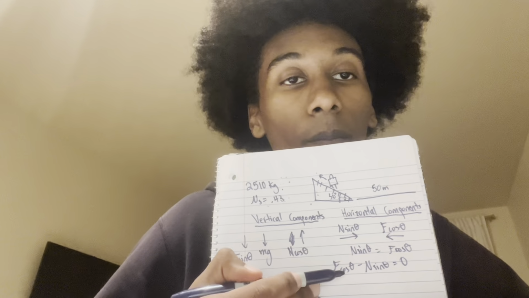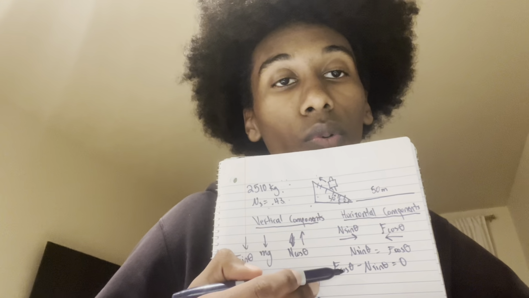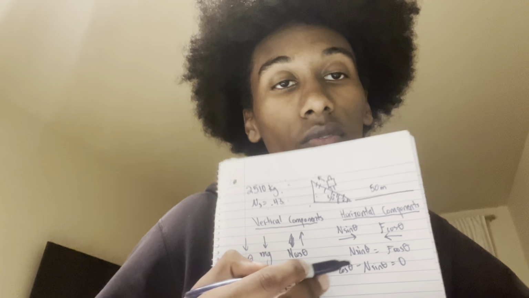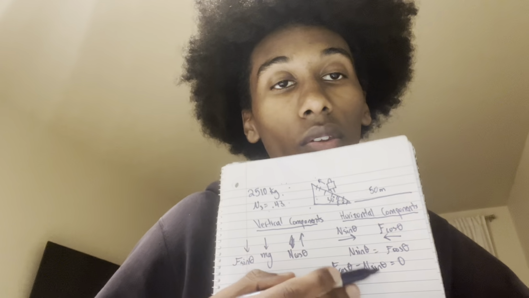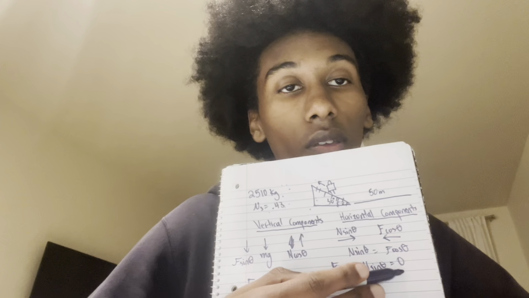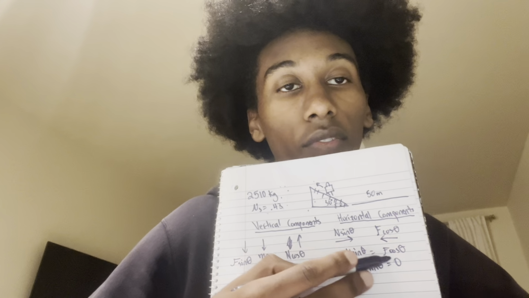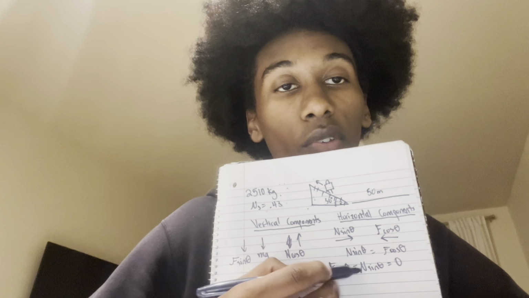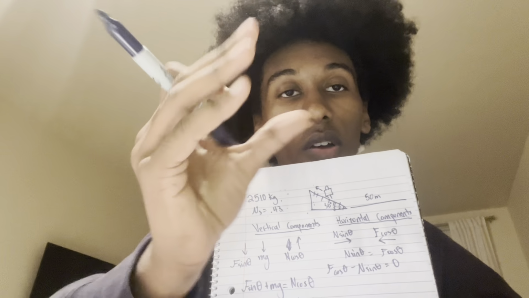What this is saying is that due to the frictional force and the normal force, our car will not move up or down the ramp. The net force of both these forces acting on the car along the ramp will be 0, so the car will stay at one spot on the ramp.